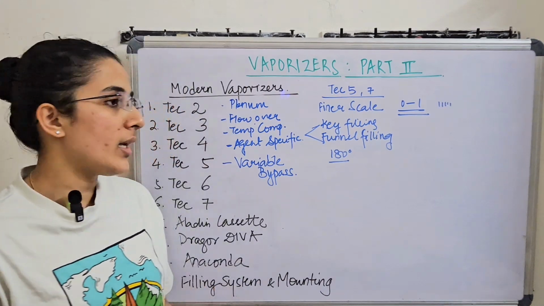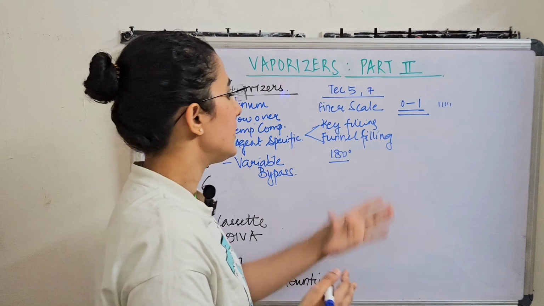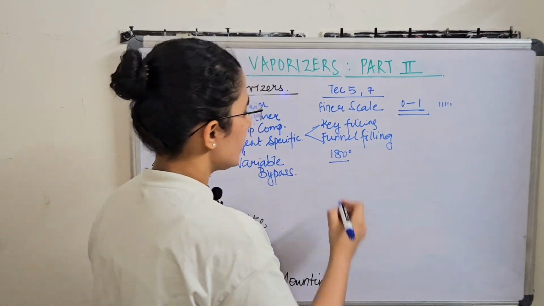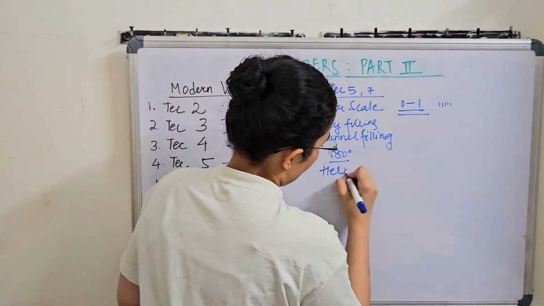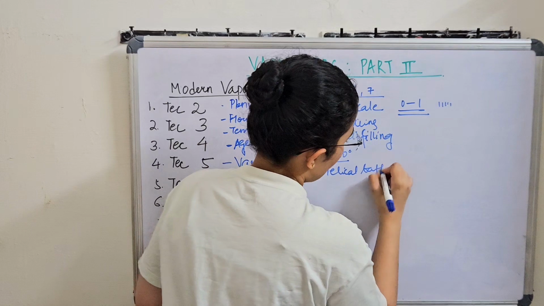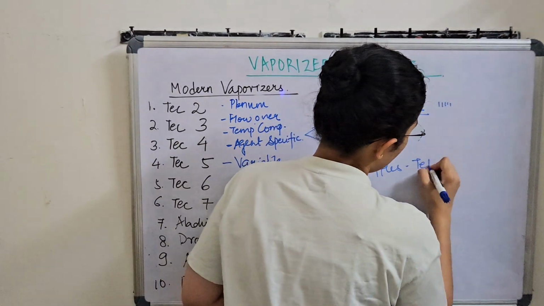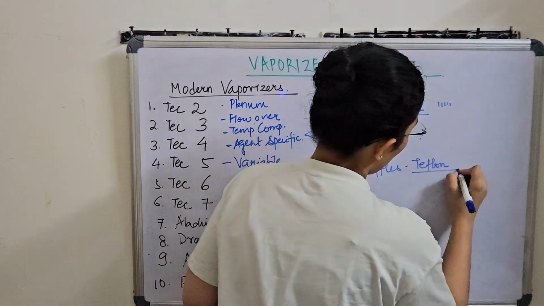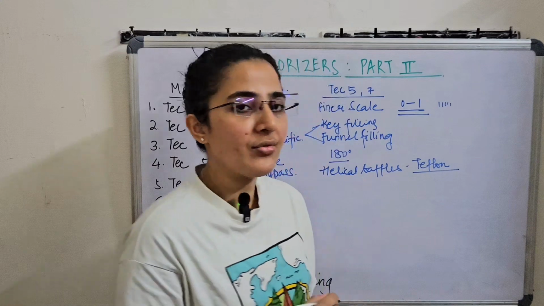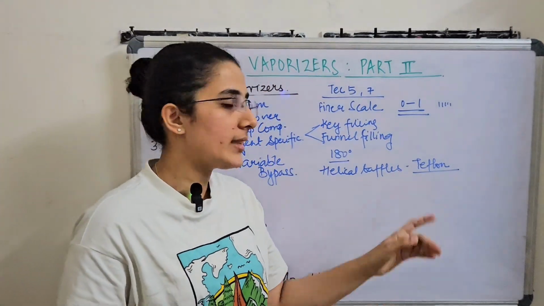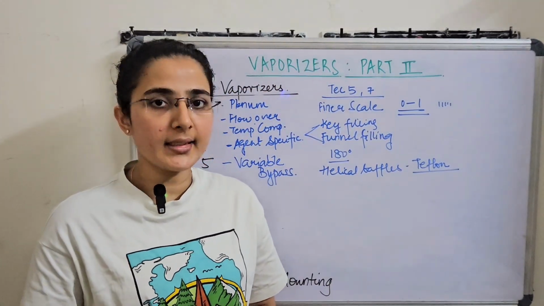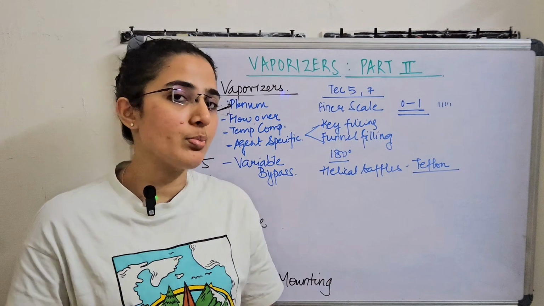Another thing is that all of these also have helical baffles made up of Teflon, kept open with stainless steel wicks. This basically prevents the pressurizing effect that is caused in the vaporizers.